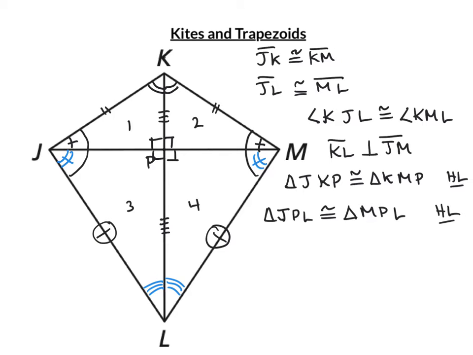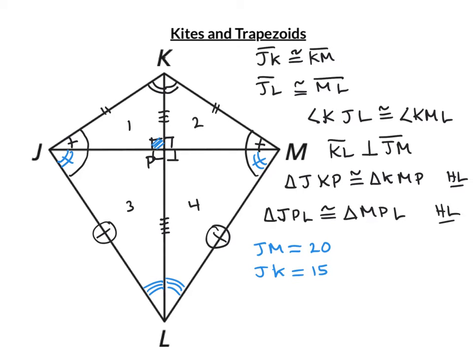One of the things we do sometimes too is use the fact that we have a perpendicular where the diagonals meet to use the Pythagorean theorem. I might give you side lengths. I might say that JM is 20 and JK is 15.